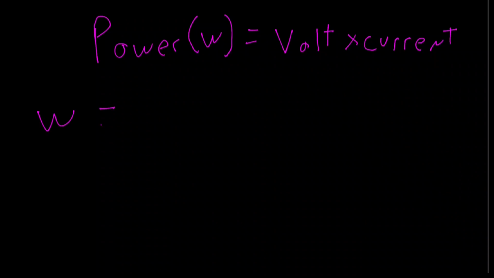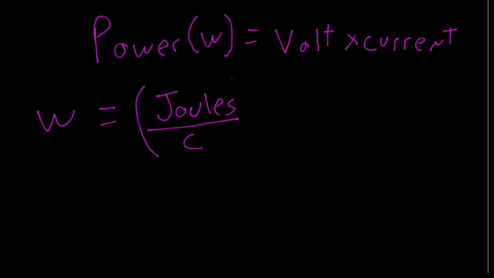So if we break this up into the voltage and current's individual SI units, we can remember that voltage is an expression of energy per unit charge. So we're going back to the joule, or joules per unit charge, known as the coulomb.